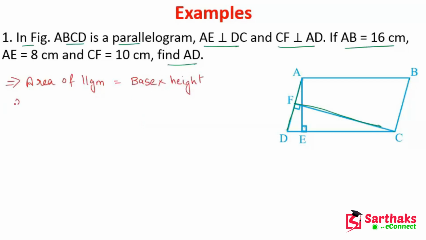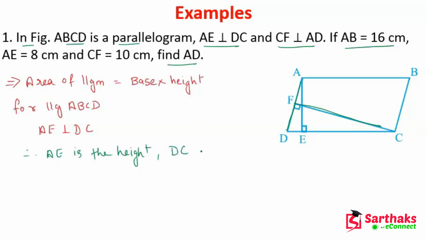Now for parallelogram ABCD, when AE is perpendicular to DC, in this case we can write AE is the height, and DC is the base.